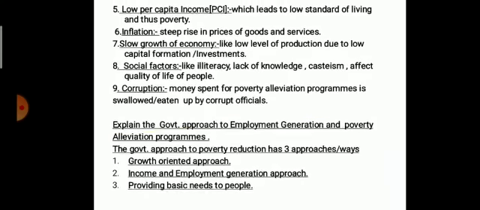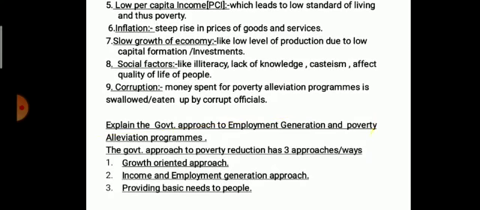Then fifth one, low per capita income. Per capita income means per head income, which leads to low standard of living and thus leads to poverty. Now if a person's income is less, he will be able to spend less for his daily requirements, and therefore his standard of living will become less.